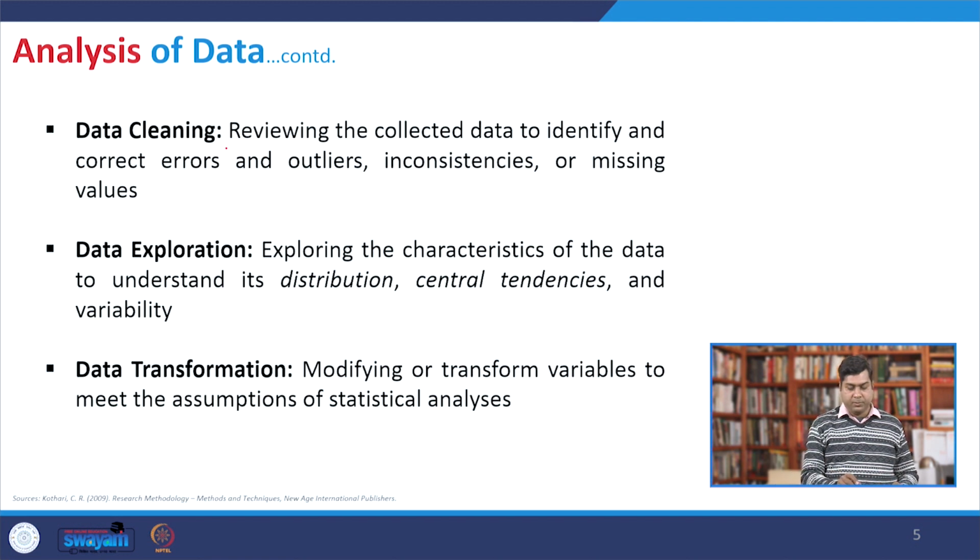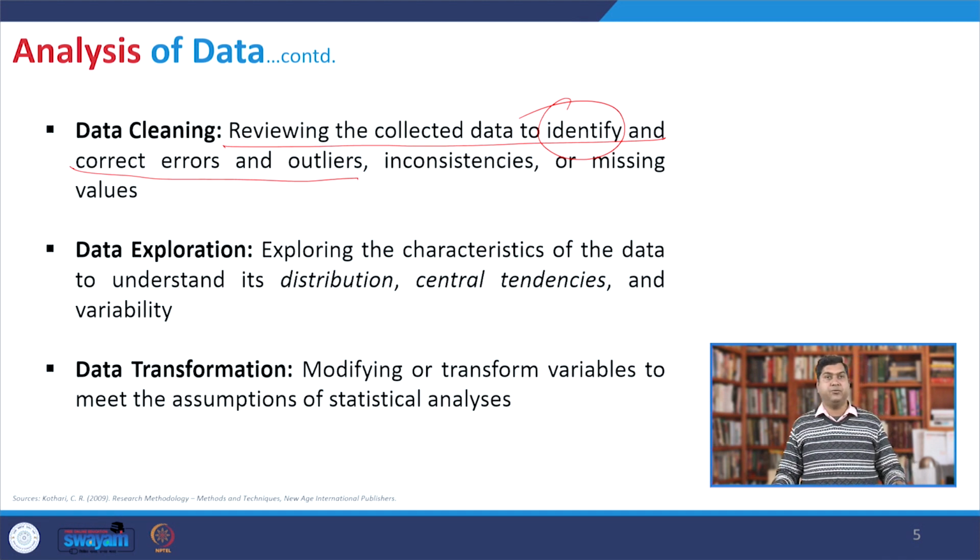In this case, we review the collected data to identify and correct errors and also identify outliers. Many times we collect information and then try to see the pattern. Say for example, you collect rainfall data over time from secondary information, that in a particular city this is the rainfall for the last say 10 years.